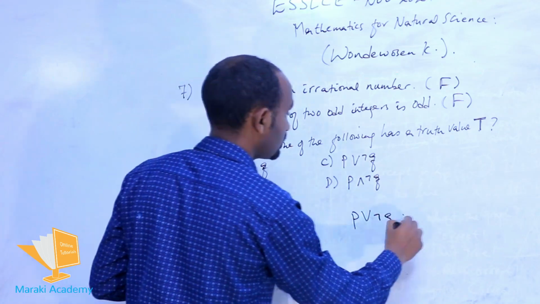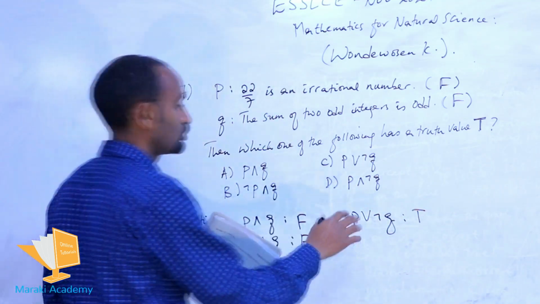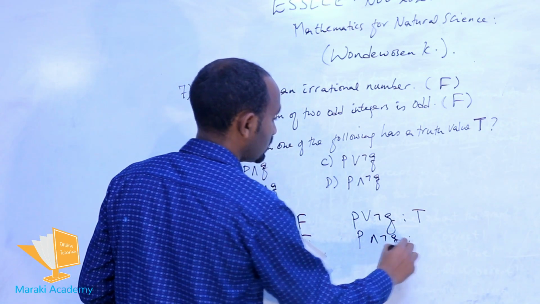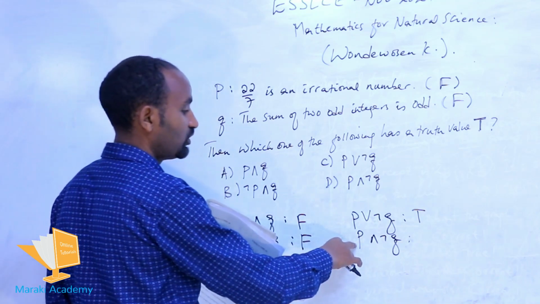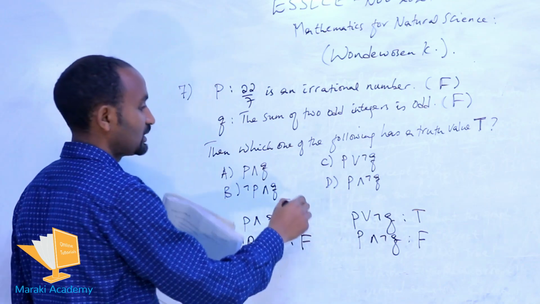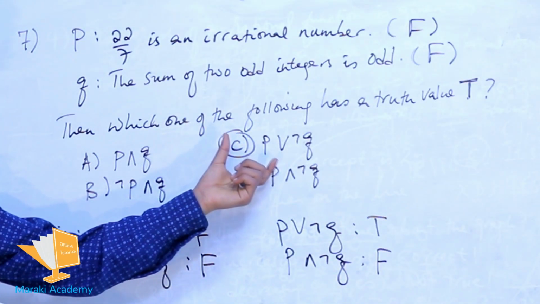False or true is true. D: P and not Q is a conjunction, a strong connective. P is false, so even though not Q is true, it is false. So the correct answer is C.